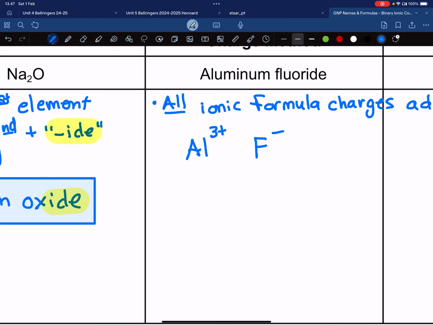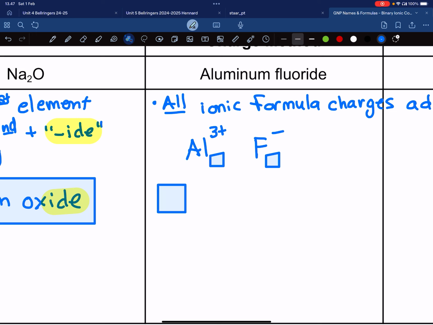So the basic idea is this. There's some number of aluminum and there's some number of fluoride that we're going to have. So the question is simply this.